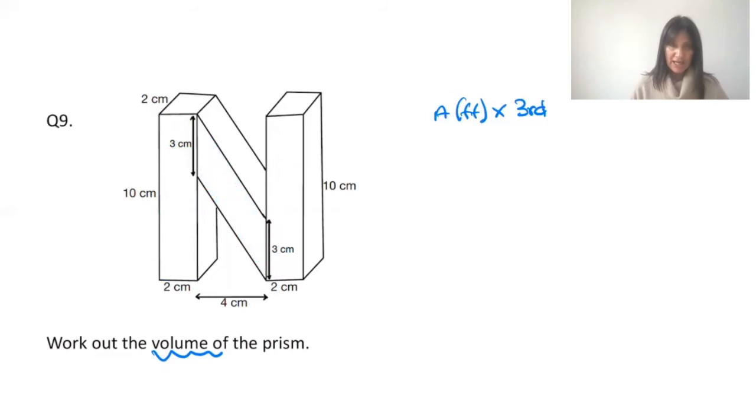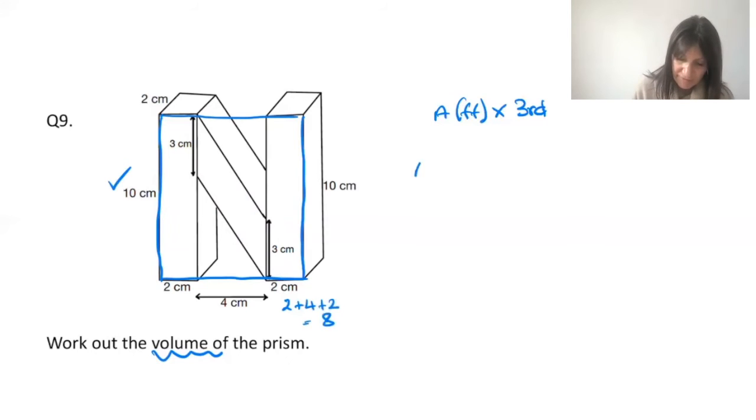Instead of looking at all those little sections, I am going to look at this like the front face is one big, giant rectangle. Okay. So I've got a height of 10, and I've got a base here of 2 plus 4 plus 2, which is 8.